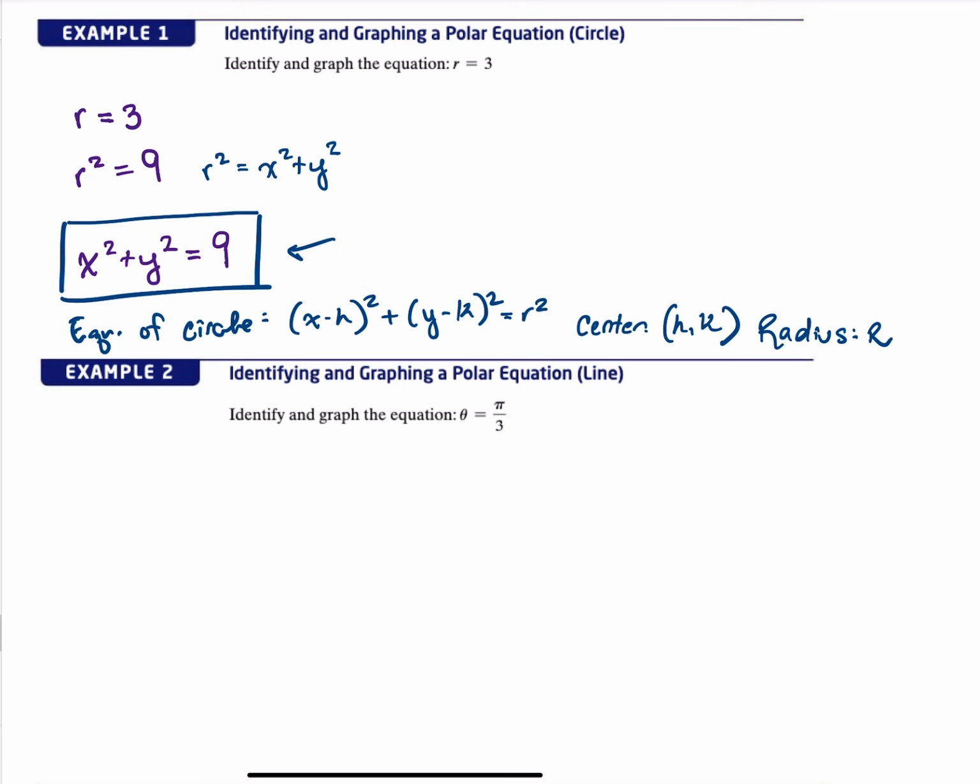So what we have here is a circle. 9 is r squared, or the radius squared, so it would have a radius of 3. Centered at the origin.